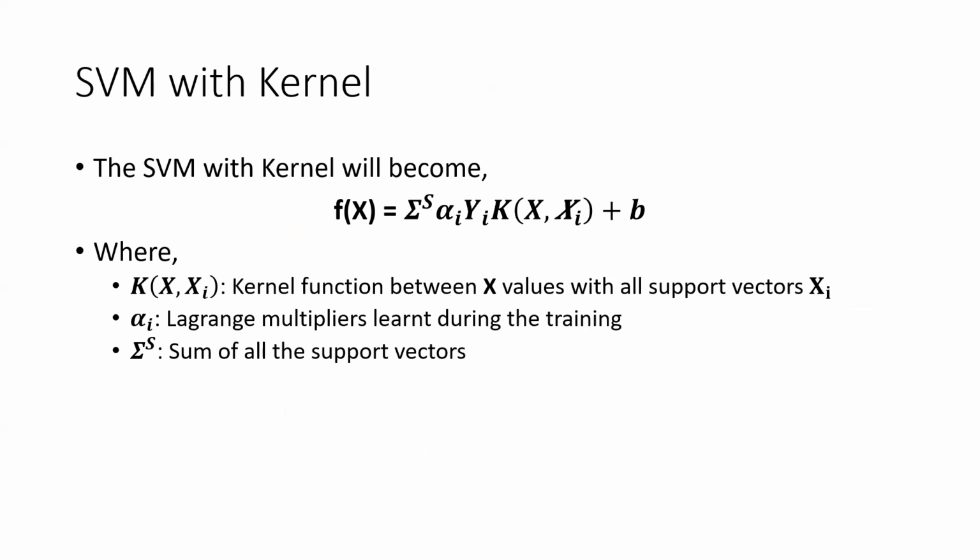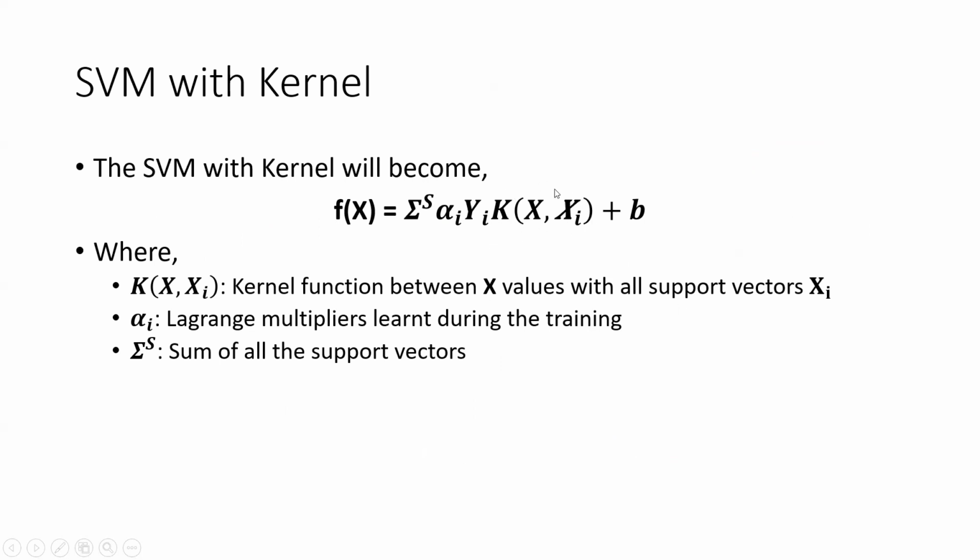So once you have found these support vectors, that means once you have found these alpha i values, and once you have this kernel function, then you can have the support vector machine using the kernel with this formula, right? Where K(x, xi) is the kernel function.